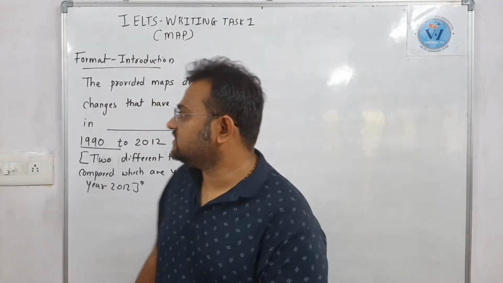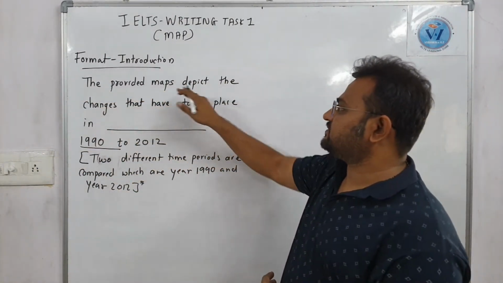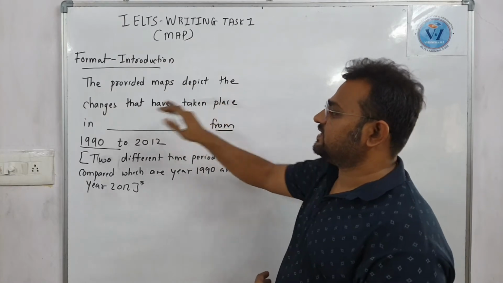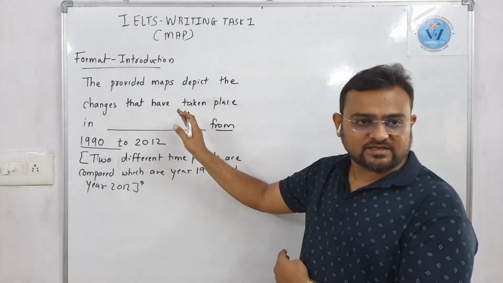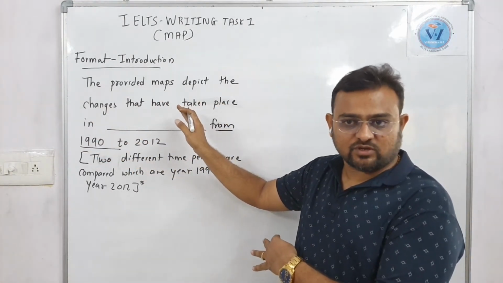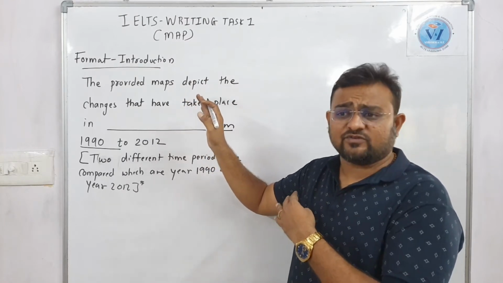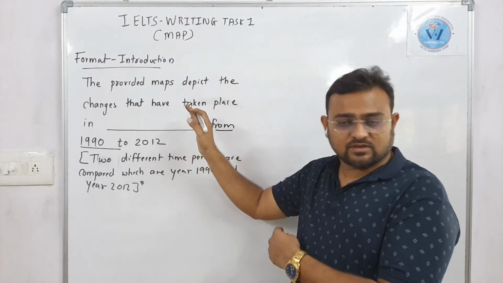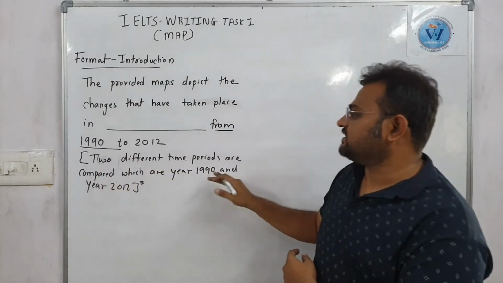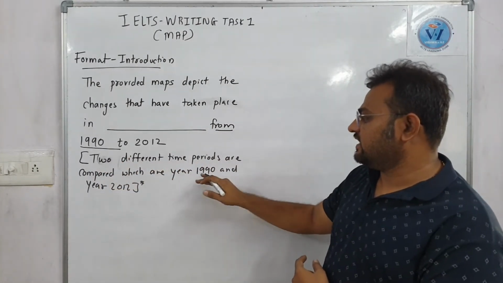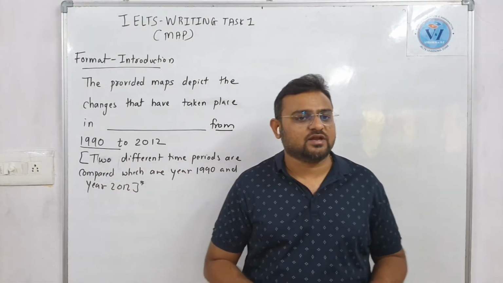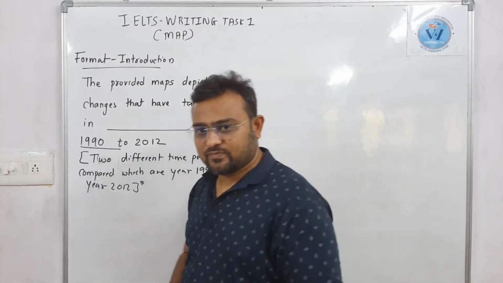Means in that case you have to write the provided maps depict the changes that have taken place in that. Means the map, whichever map it is showing. If it is showing the plan of a school, then of school days. Okay, two different time periods are compared, which are year 1990 and year 2012.